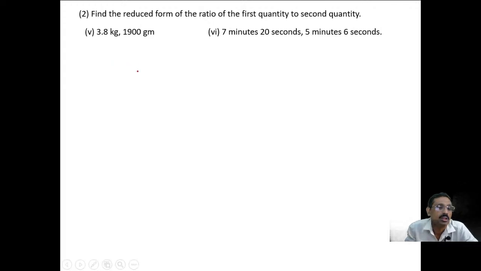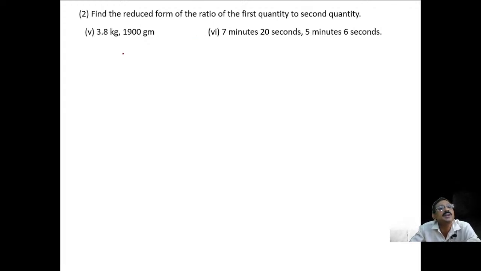Hello students, welcome to this second session of ratio and proportion. Yesterday we finished a few sums based on the first exercise. Let us continue this. Find the reduced form of the ratio of the first quantity to the second quantity.